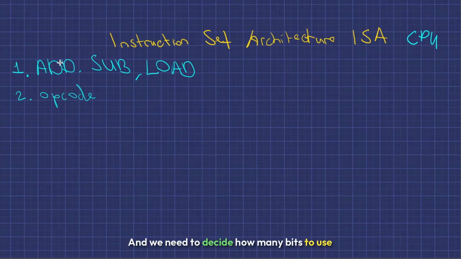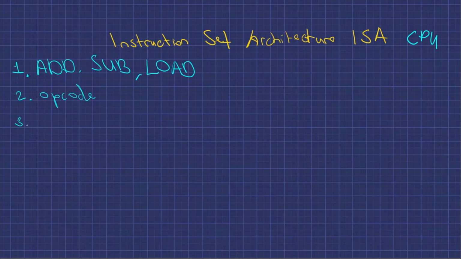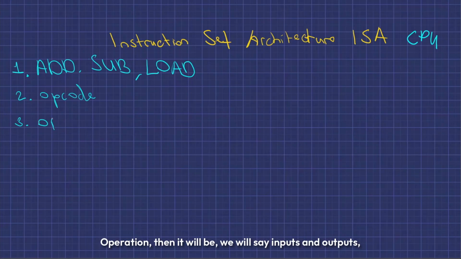And we need to decide how many bits to use and how to divide those bits among the parts of the instruction, which are the operation, the inputs, and the outputs.